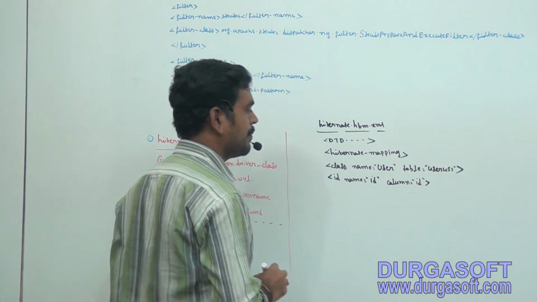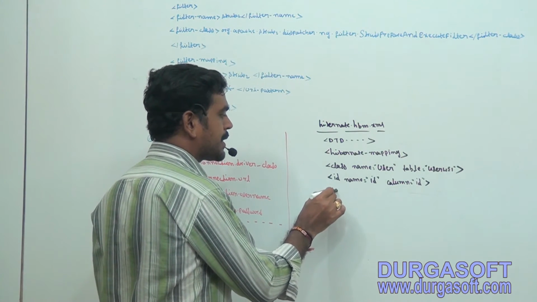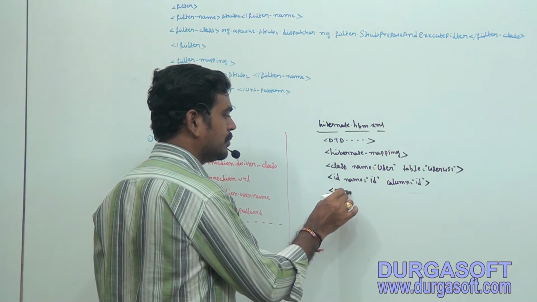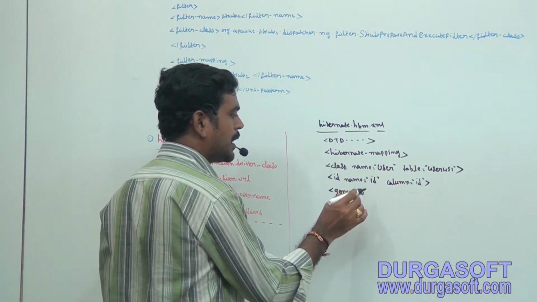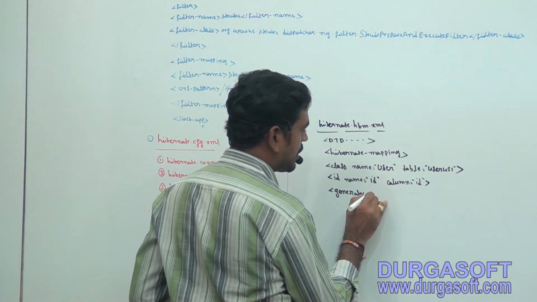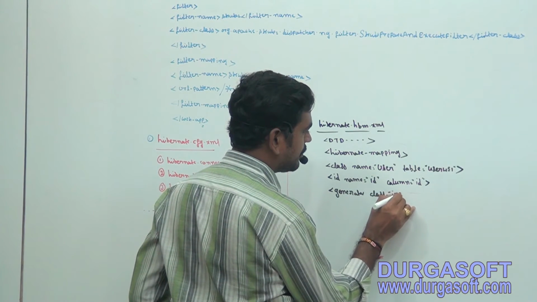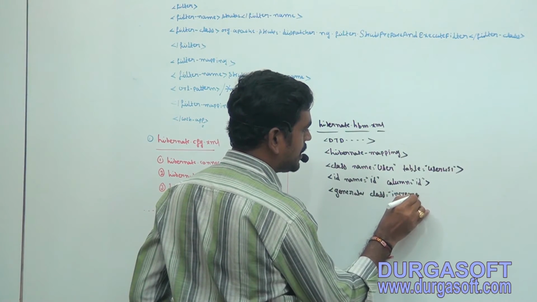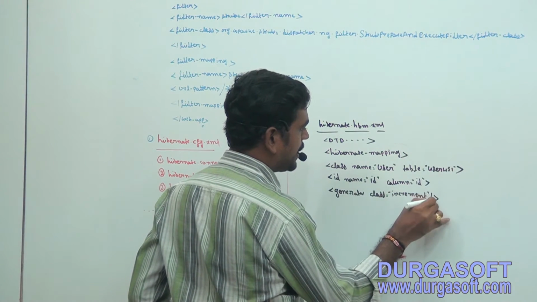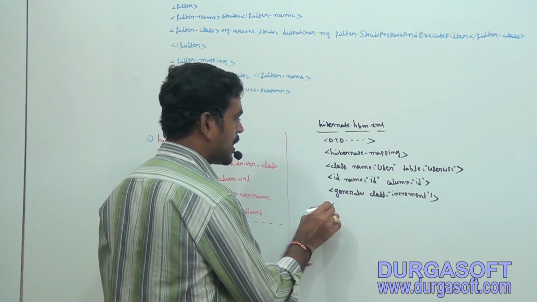The next, generator class equal to increment. Then close the id.